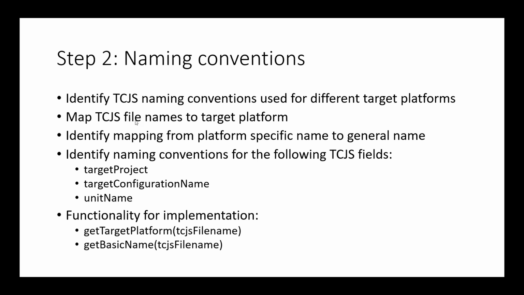So analysis of the TCJS file plus these three fields inside TCJS will give you the best opportunity to identify the target platform in the very correct way, and to extract the general common name for your project in a correct way. So this is just a hint of which functions might be needed: get target platform and get basic name.